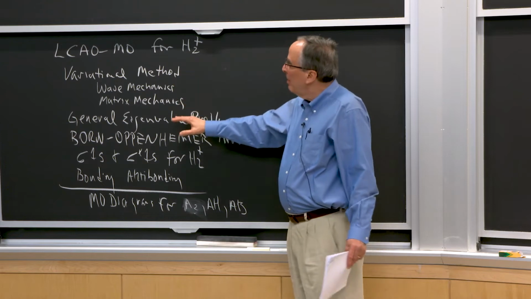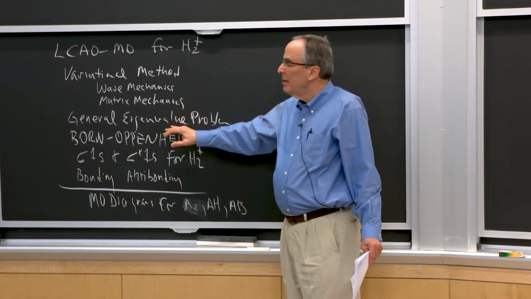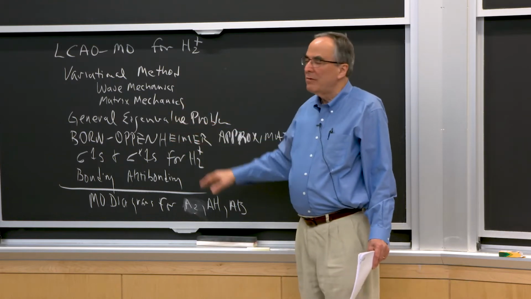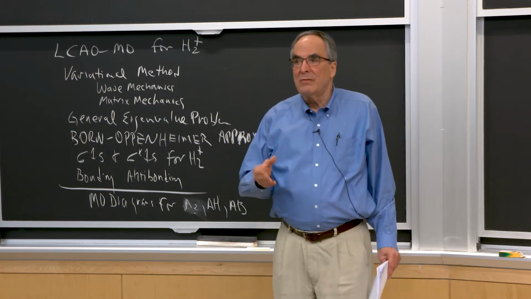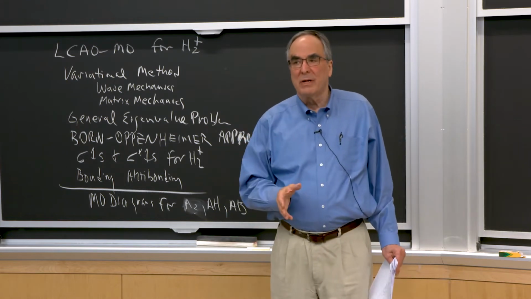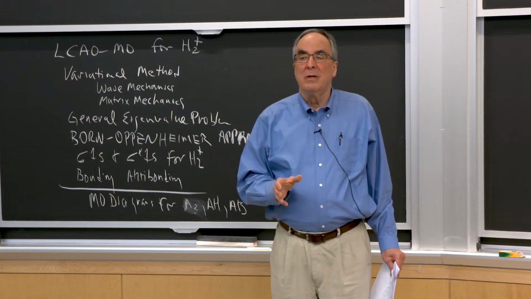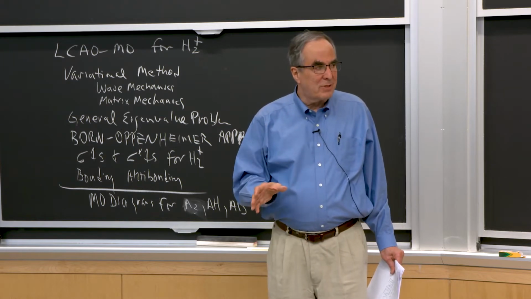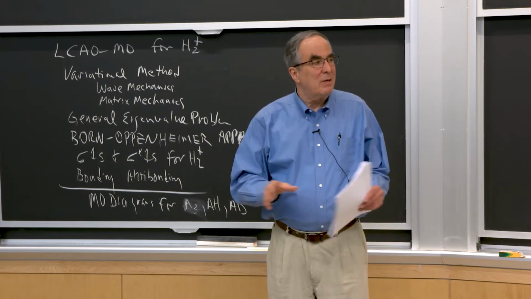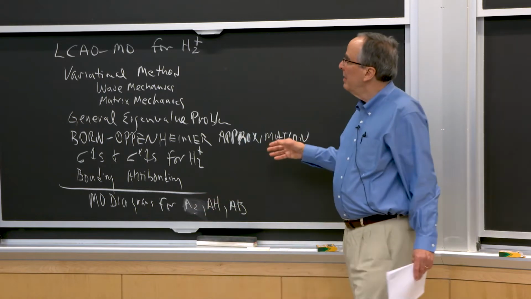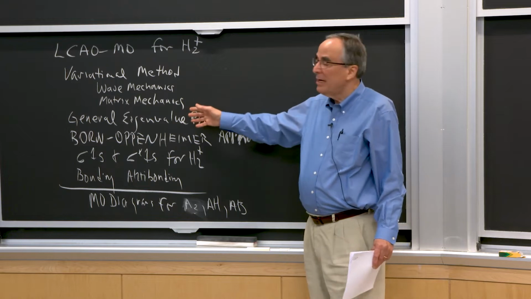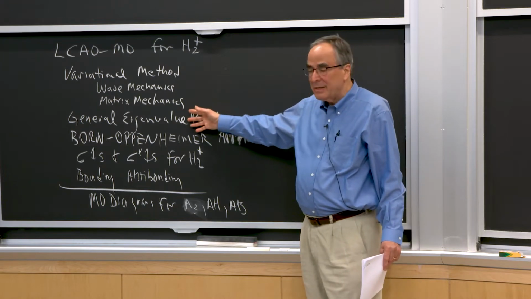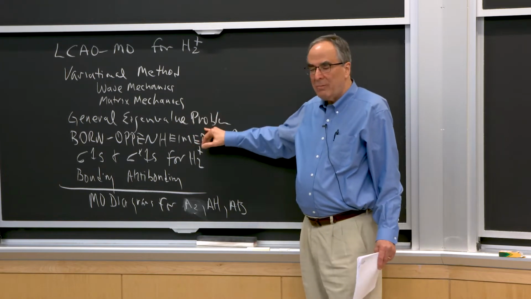In approaching this, you're going to see what's called the general eigenvalue problem, where instead of diagonalizing a simple matrix, you have to deal with the Hamiltonian matrix and an overlap matrix, which makes the solution of the secular equation, finding the eigenvalues and eigenstates, a little bit more complicated.